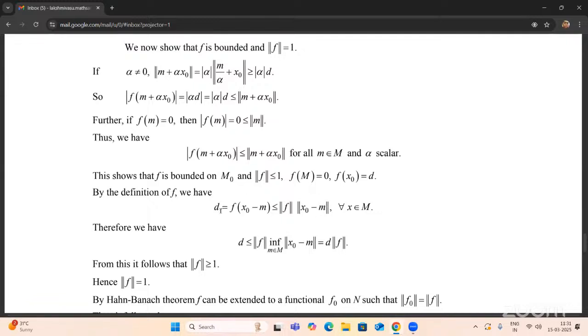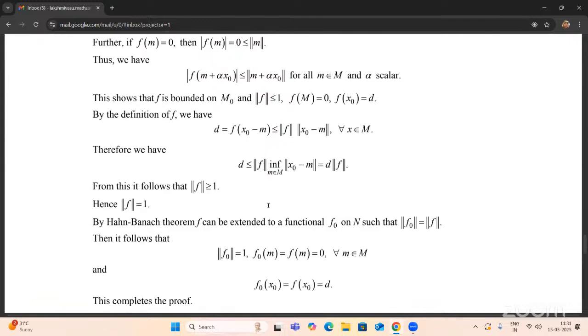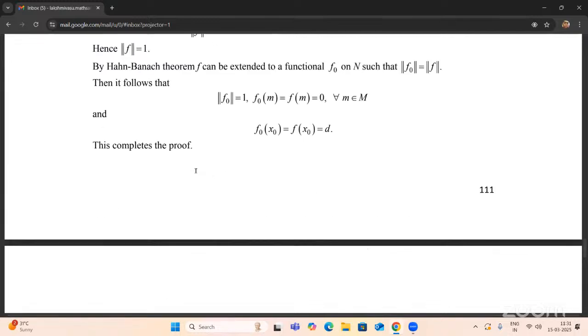Finally, the inequality is that d cannot exceed norm f into the infimum of norm x naught minus m, that is, d into norm f. It follows that norm f is greater than or equal to 1. Finally, f naught of x naught equals f of x naught equals d, and from the above relation norm f naught equals 1 and f naught of m equals f of m equals 0.